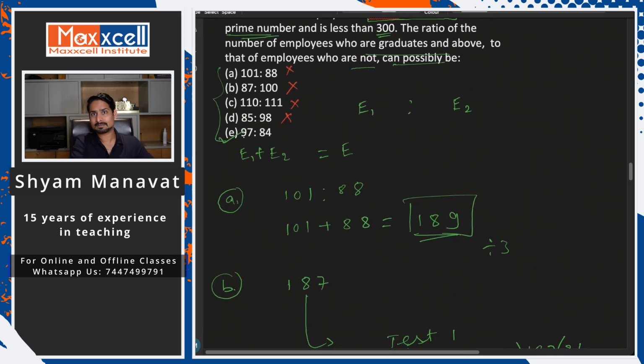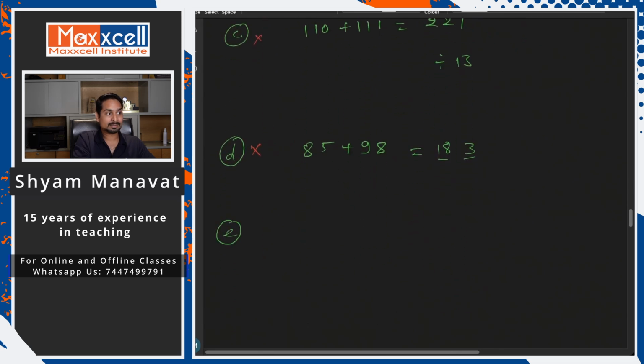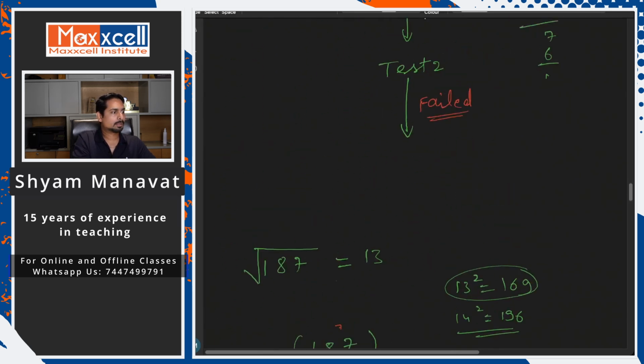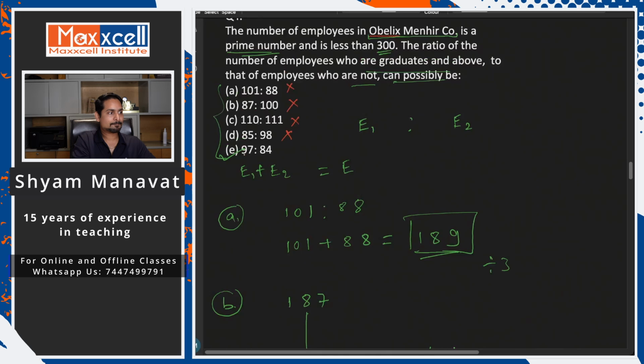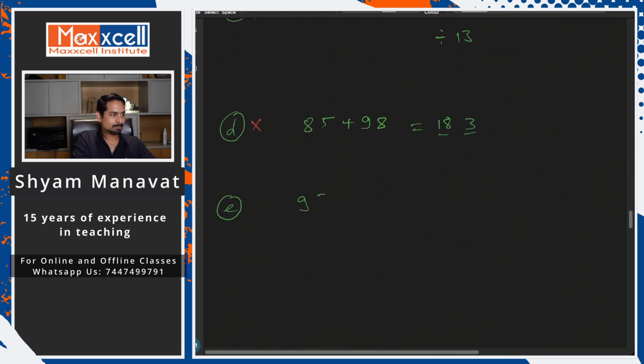But still, let's try understanding whether it's a prime number or not by showing you both tests. So here option number E is 97 plus 84. 97 plus 84, this is 181.